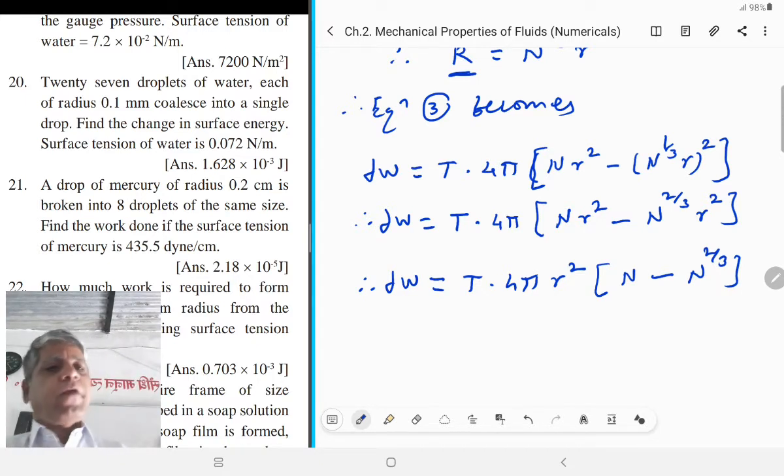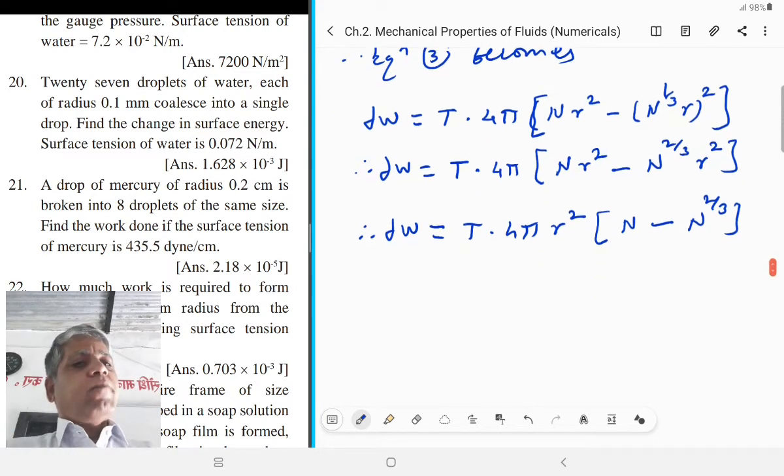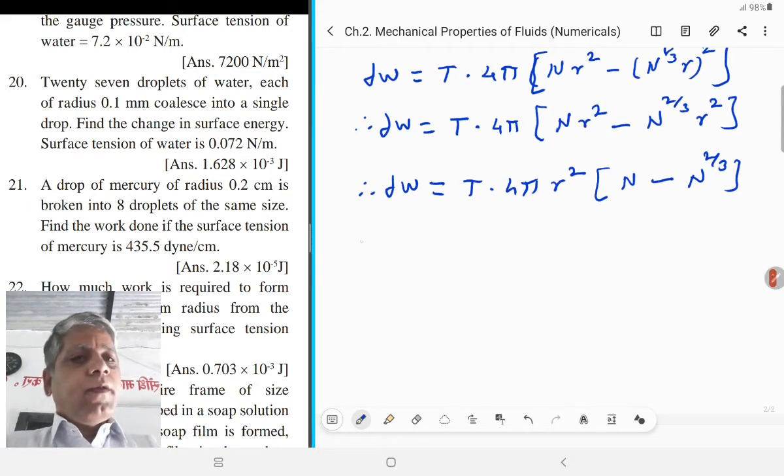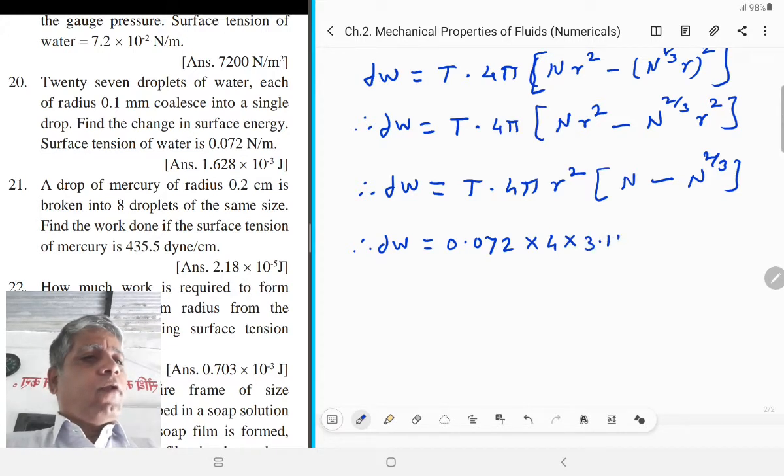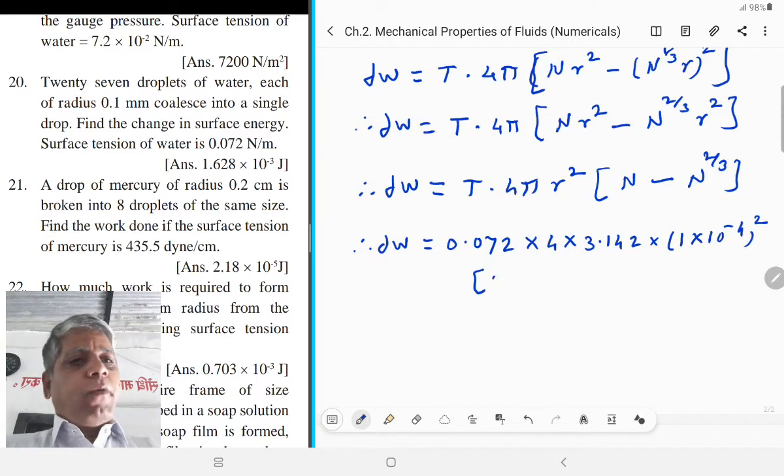Now substitute the value of surface tension, radius and number of droplets. We get change in surface energy is equal to 0.072 into 4 into 3.142 into bracket 1 into 10 raised to minus 4 bracket square, in bracket the value of capital N is 27 minus 27 bracket raised to 2/3.